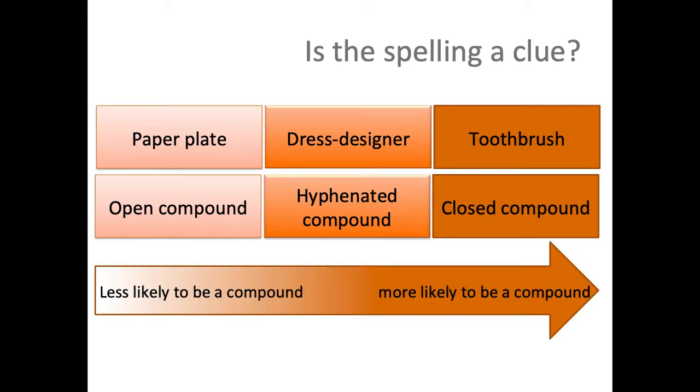So is this a clue that can help us to know when we have a compound or not? Well, to some extent, yes. When two words are separate, they're less likely to be a compound, whereas when they're stuck together in one word, a closed compound, they're more likely to be a compound. Okay, this is due to the principle that you're familiar with now, which is known as iconicity. It's the idea that language reflects the world it describes. And indeed, it's the case here.